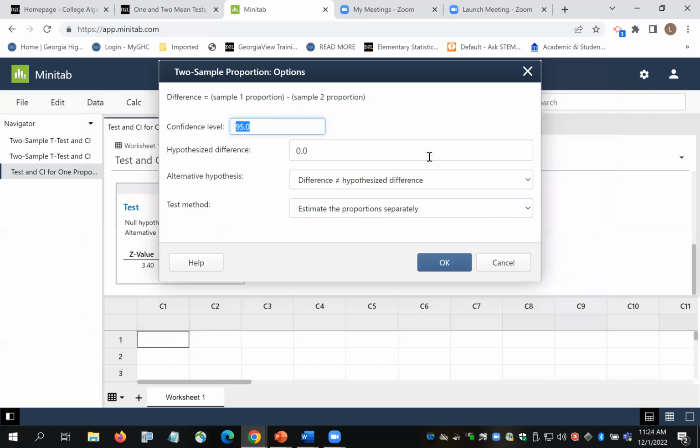Under options, we are using 95%. The hypothesized difference is 0, so they're not equal, and I believe we were using the pooled estimate. I can't remember.